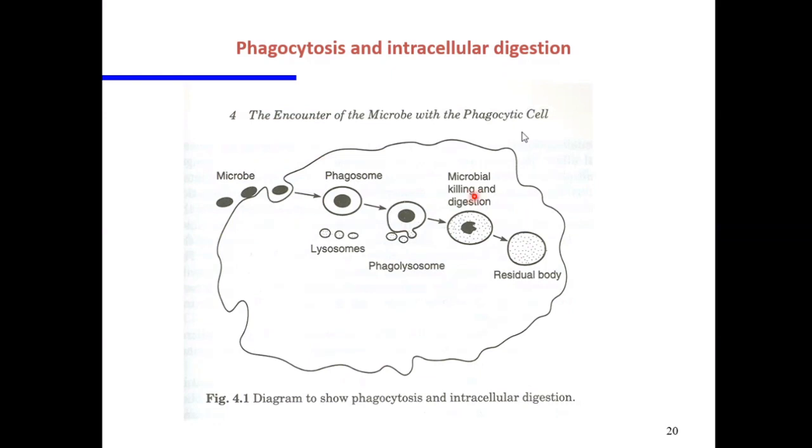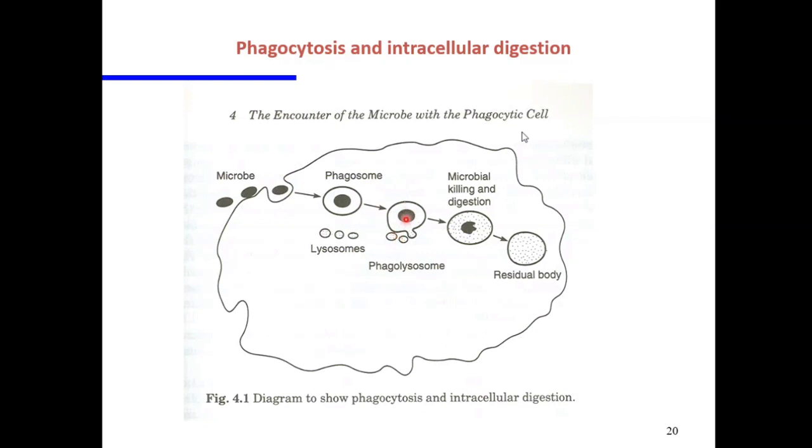So normally, this is what happens. The macrophage or phagocyte engulfs and internalizes the microbe in a phagosome, and this phagosome is merged with a lysosome, which holds more antimicrobial agents, enzymes and reactive chemicals.